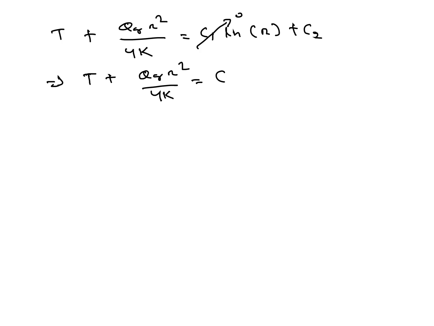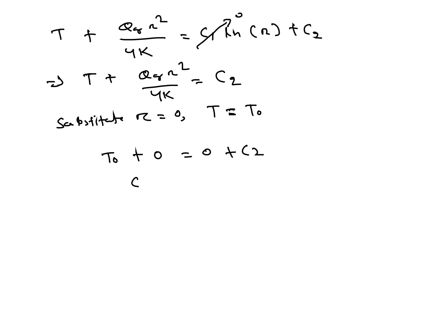Then again substitute r equal to 0, at center T equal to T0. So T0 plus 0 equal to C1 into ln r, which is 0, plus C2. So C2 equal to T0.